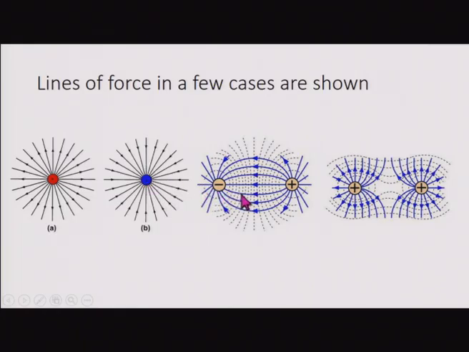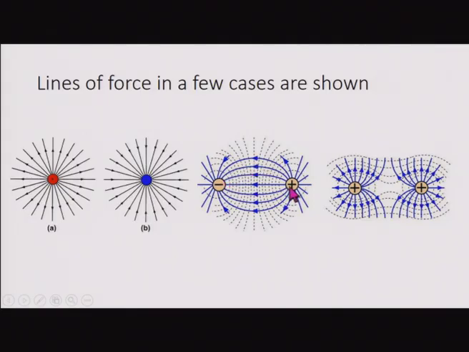And here we take the combination of both positive and negative charges. As we discussed, the electric lines of force travel from the positive charge to the nearest negative charge. In this figure the lines start from the positive charge, with arrow marks showing them moving towards the negative charge.